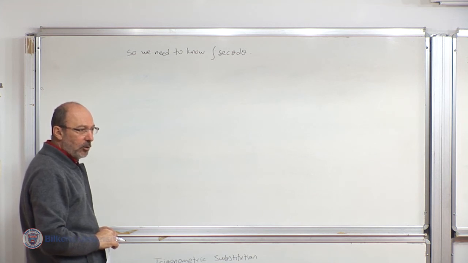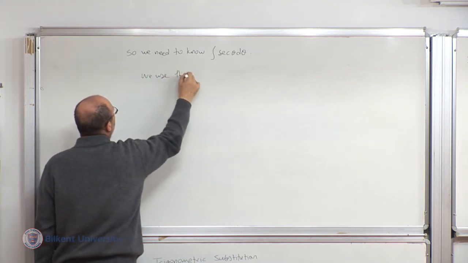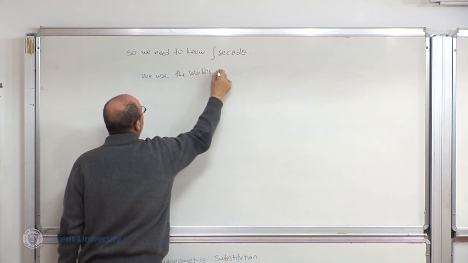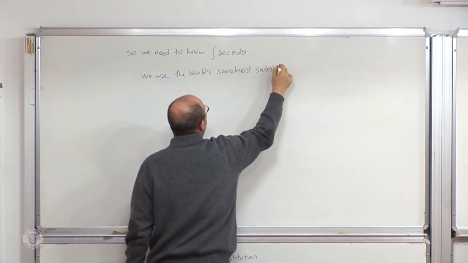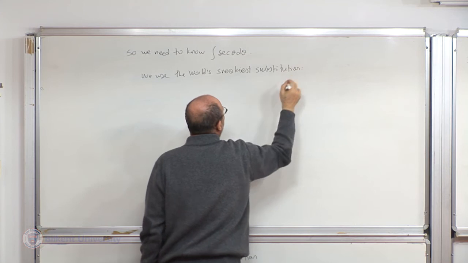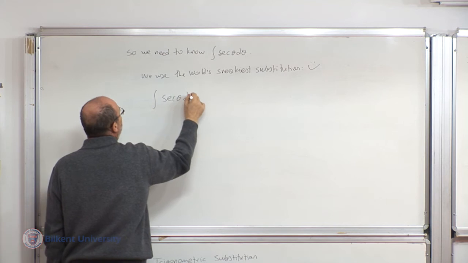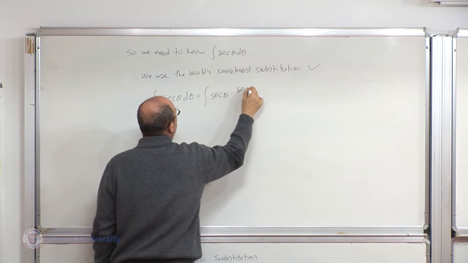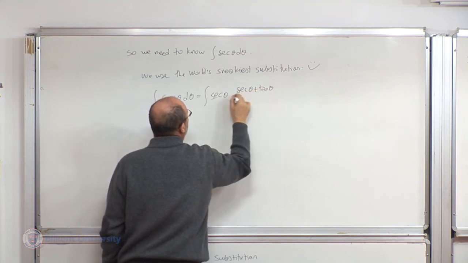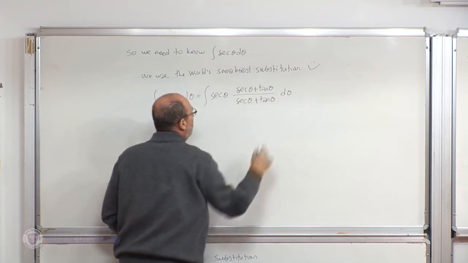We do a substitution here. That's called the world's sneaky substitution. This is how it goes. You have secant theta d theta. When no one is looking, you do the following: you write secant theta plus tangent theta divided by secant theta plus tangent theta, d theta.